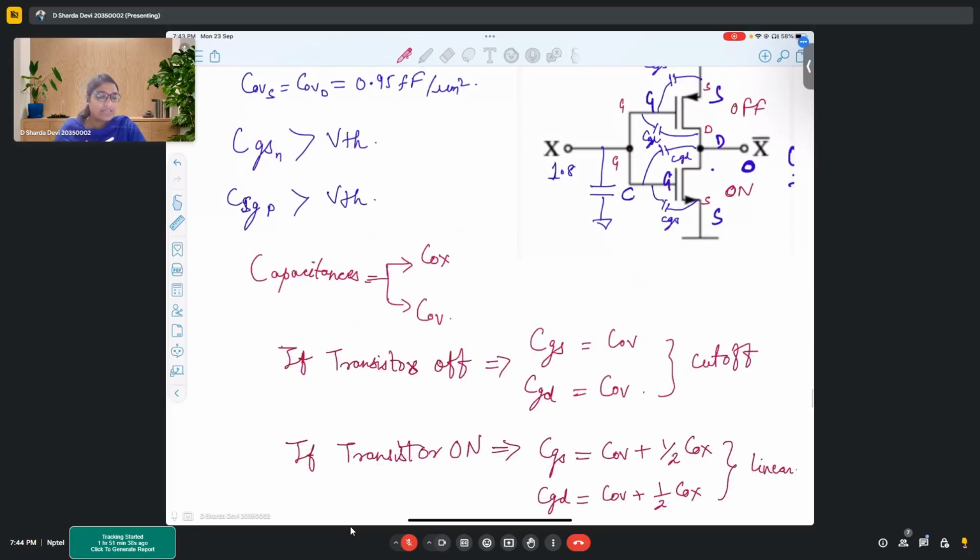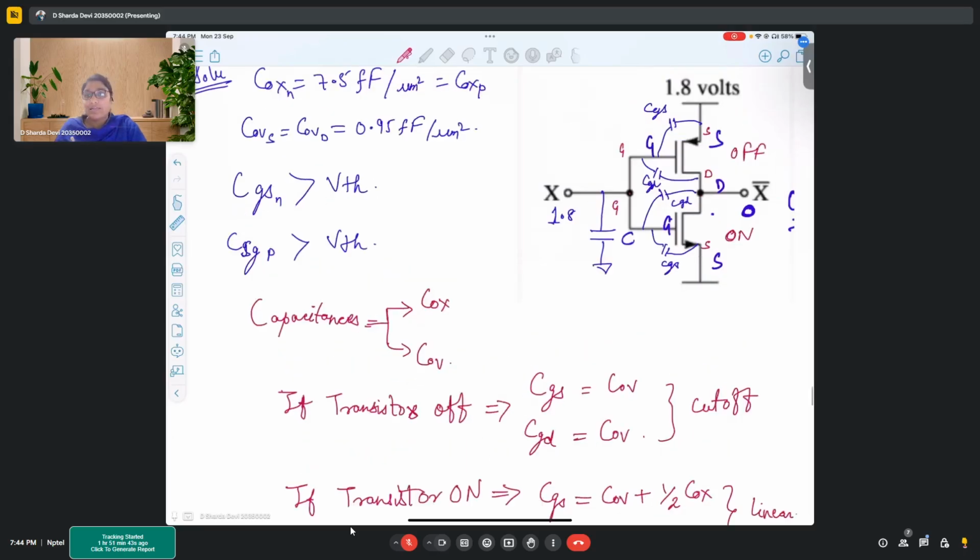So here in this case, if you observe very carefully, in this inverter, your transistors will only operate majorly in two situations. Either it is cutoff or it is linear, if it is giving you 0 and 1, so the outputs are completely opposite of one another.